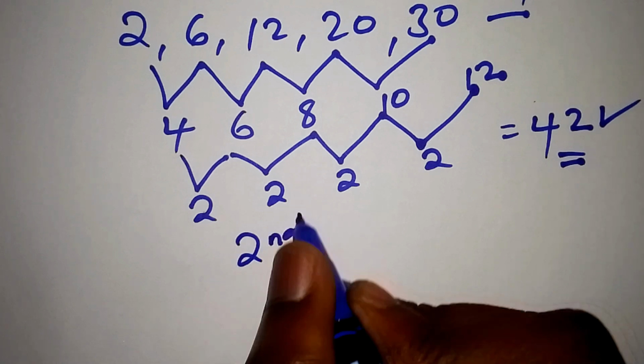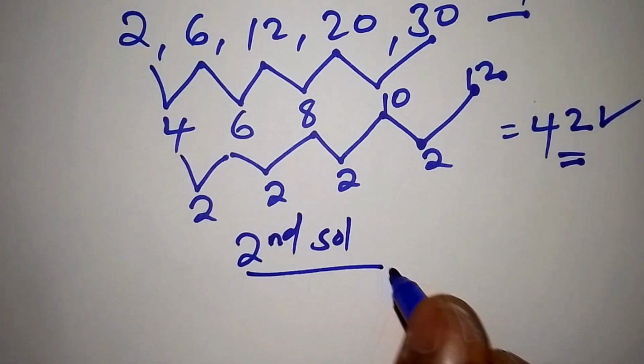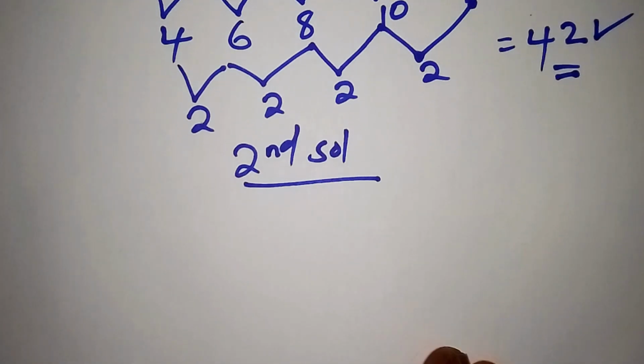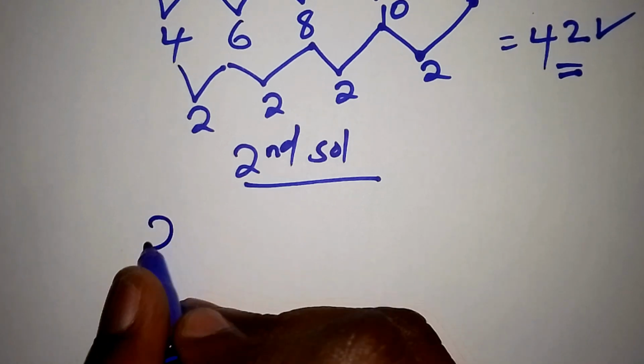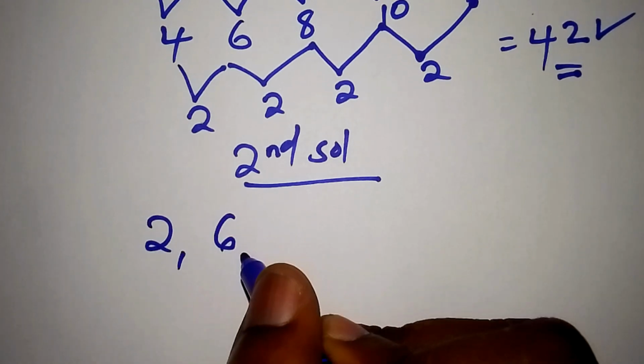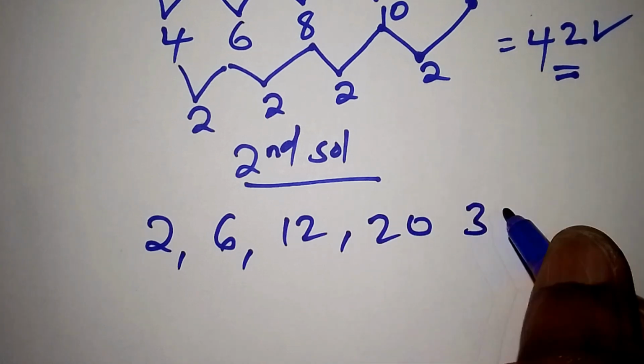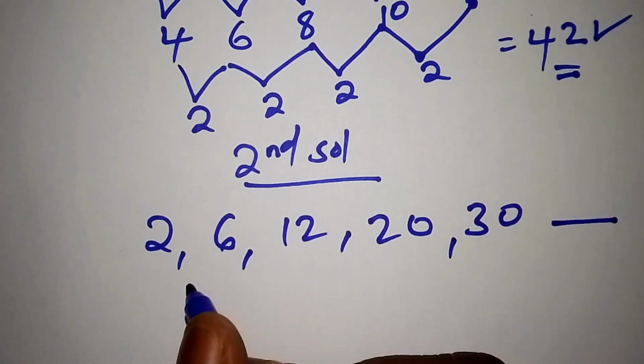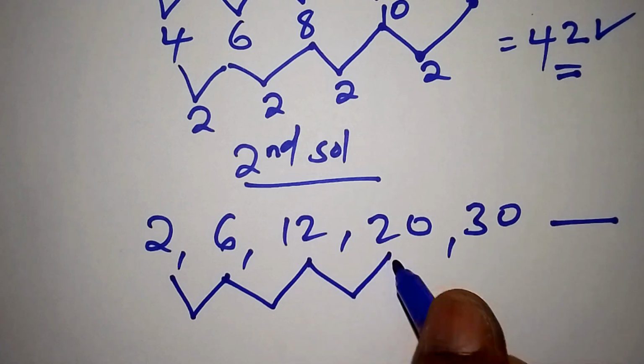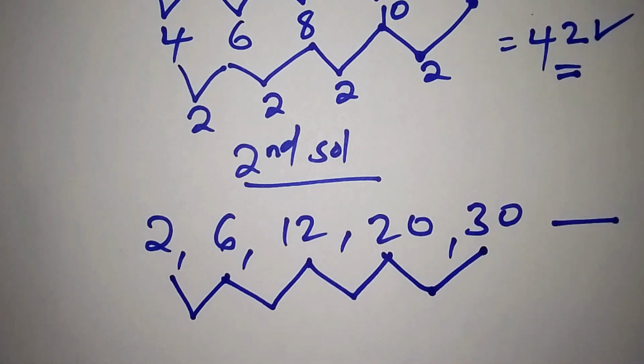So now the second solution that we have, let's write the numbers that we're working out. We have 2, we have 6, we have 12, we have 20, then we have 30. We are asked to find the last number in this maths puzzle. So how do you find the last number?